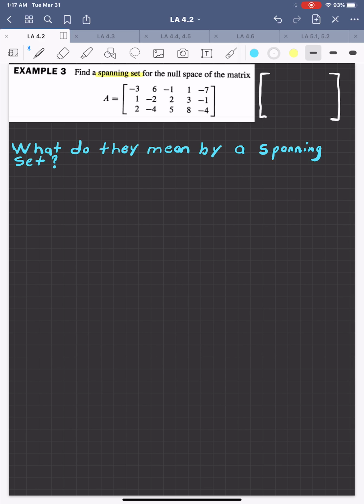We've talked about this many times, but a spanning set is going to be the linear combinations. Again, it's always helpful if you took my advice and had some type of vocabulary journal where you could grab these vocabulary words when you need them.